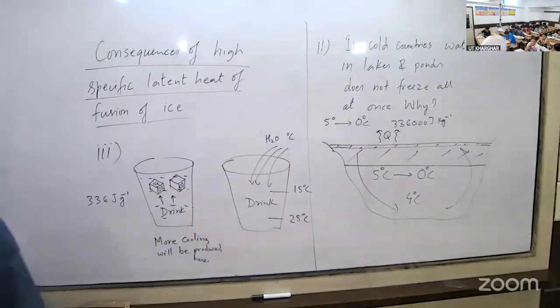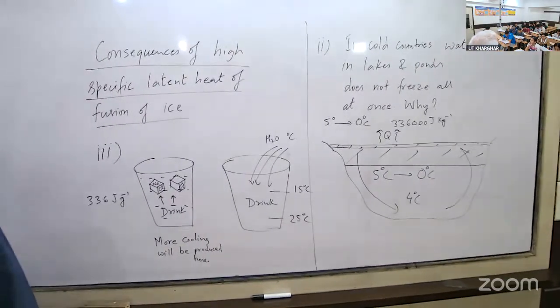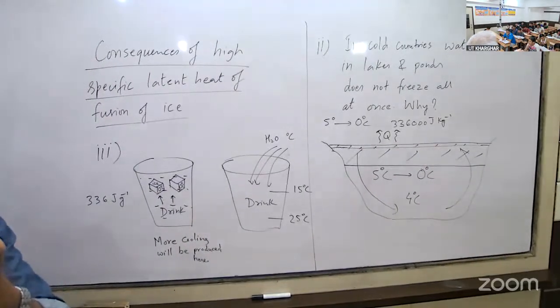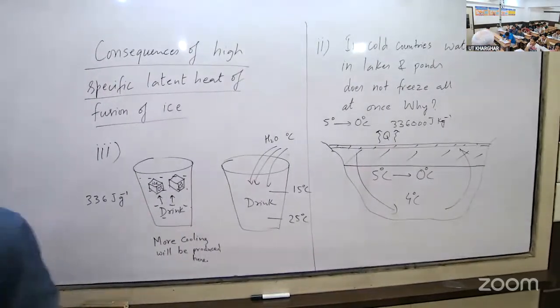When ice in a frozen lake starts melting, its surroundings become very cold. It has to be that way, right? Because it will suck heat from the atmosphere. So on the day it is snowing, it is not very cold. Cold starts when the snow begins to melt, because now it is sucking heat from the atmosphere.